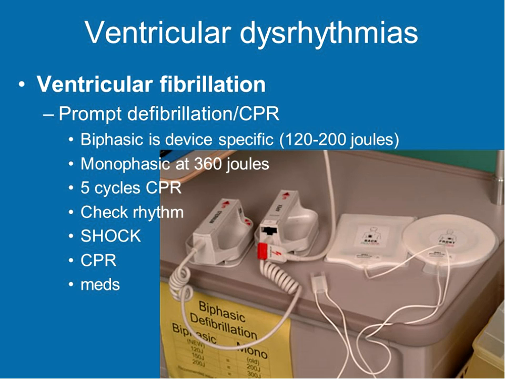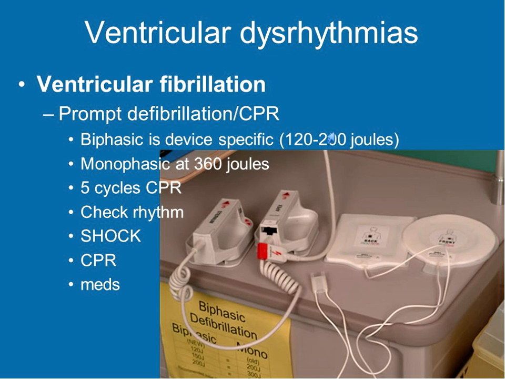The equipment that we have is biphasic or monophasic, and most of it's biphasic. Biphasic sends the electricity in both directions, where monophasic goes from one direction to the other. The biphasic joules that you're supposed to use will be device specific.